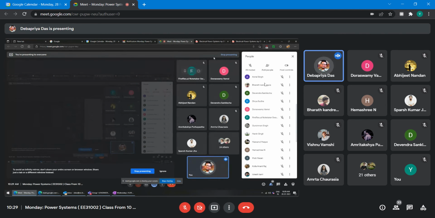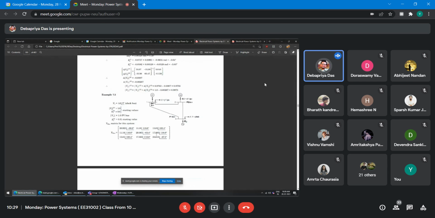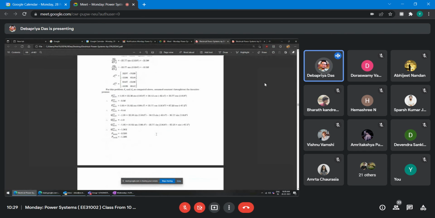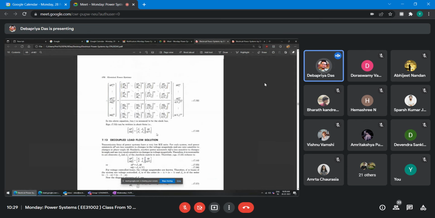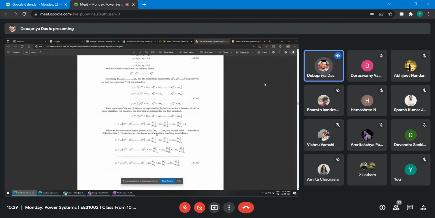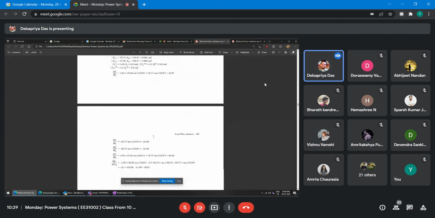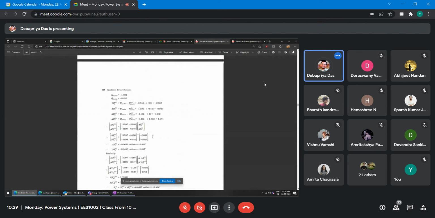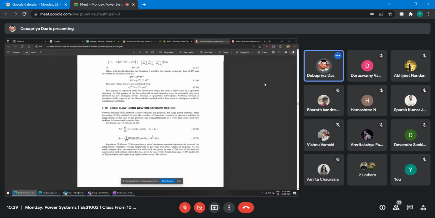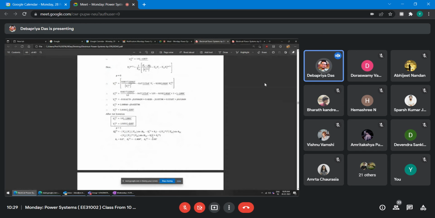What I mean is that for load flow, starting from the beginning, you will read Gauss-Seidel, you will need Newton-Raphson, all these things starting from the beginning you will read carefully, right? Gauss-Seidel, Newton-Raphson, everything you will read carefully, right?